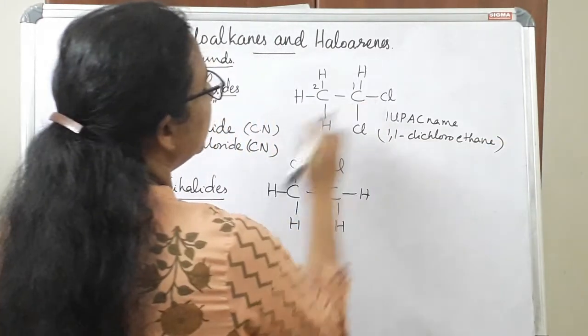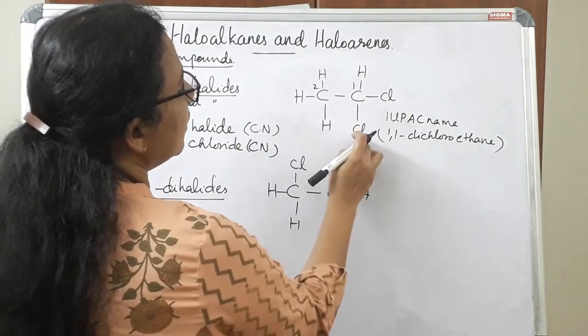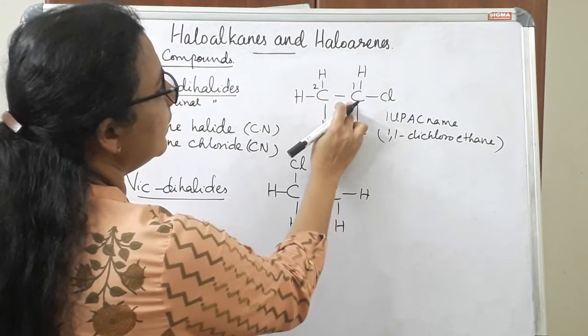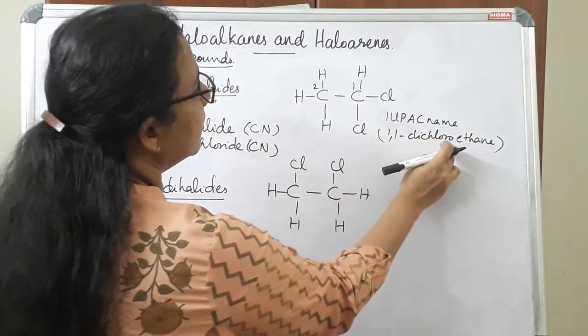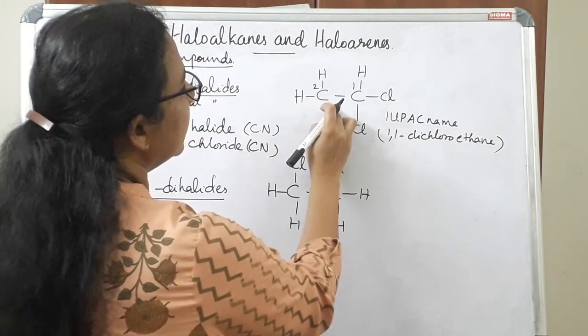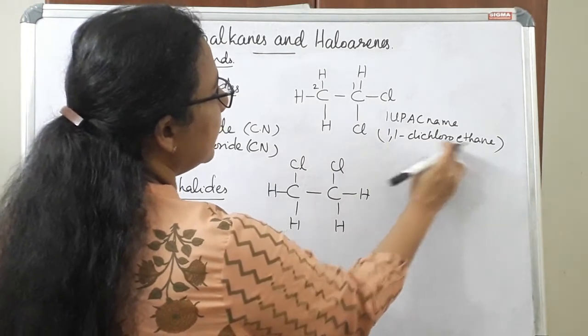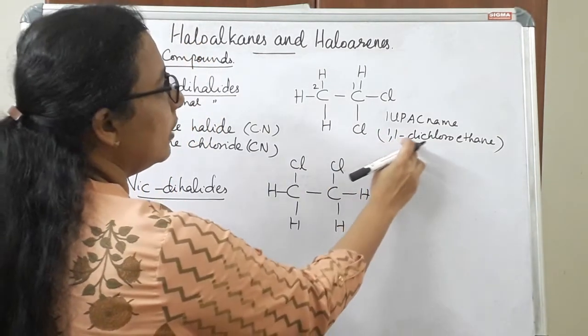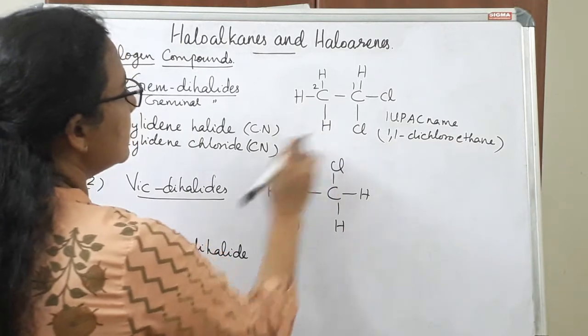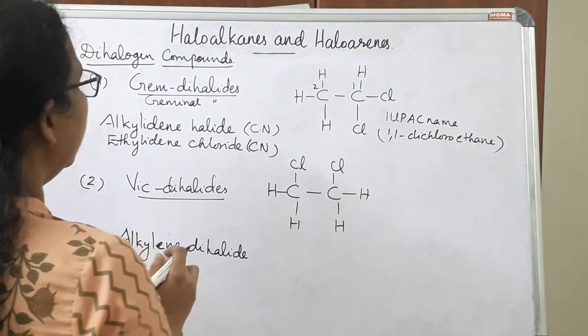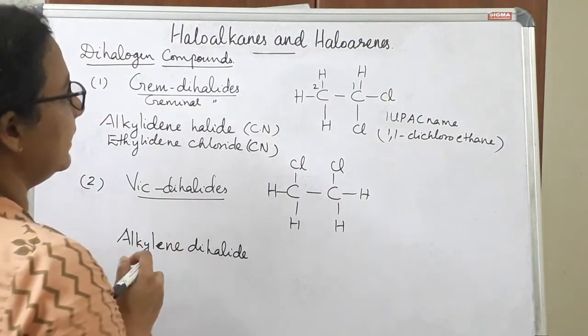These two chlorine atoms are attached to the first carbon itself, so it will be 1,1-dichloro, and there are two carbon atoms, so the parent alkane is ethane. So the IUPAC name is 1,1-dichloroethane. This is an example of a gem dihalide or a geminal dihalide.